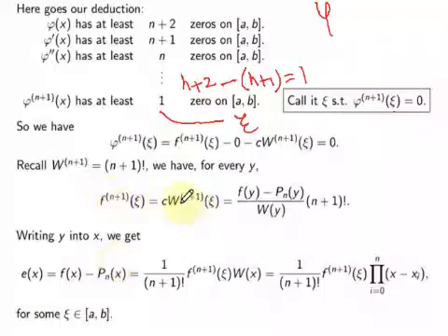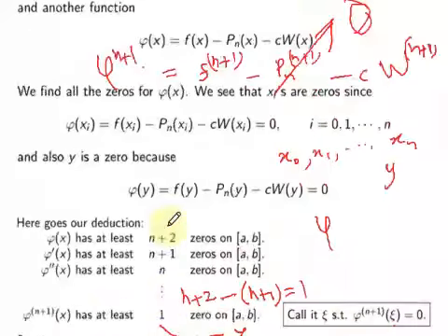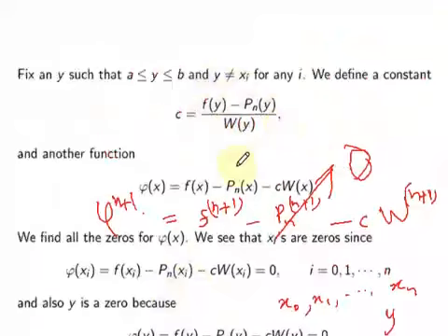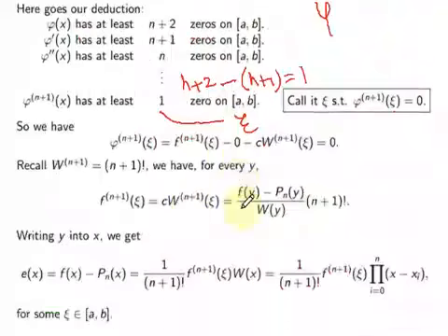You can substitute that, and you know the value of c. This is the value of c, right? So put that into this equation. Putting that into this equation, you get that the n plus 1 derivative of f evaluated at psi is equal to this one.